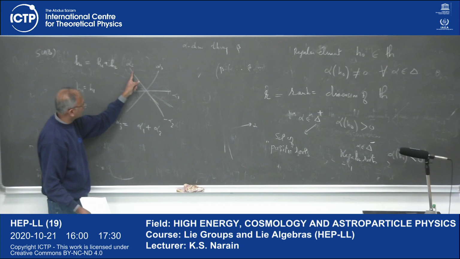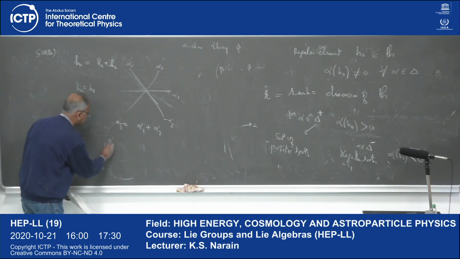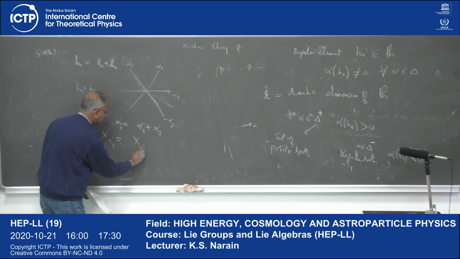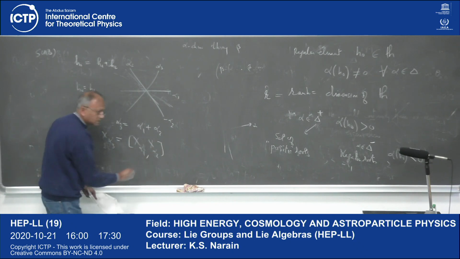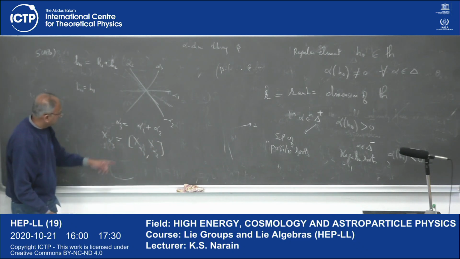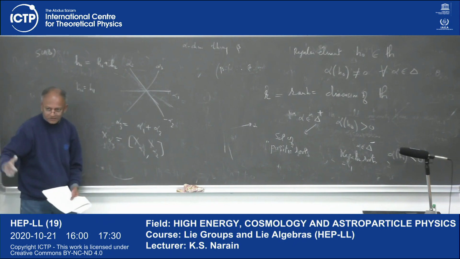So it was enough to just focus on alpha 1 and alpha 2, because whatever the action of alpha 3 is, it is basically proportional to the commutator of x alpha 1 and x alpha 2. We were defining everything in terms of x alpha 1 and x alpha 2, including the highest weight.